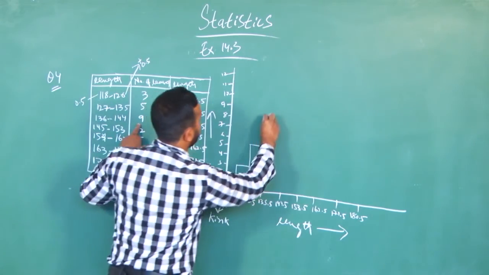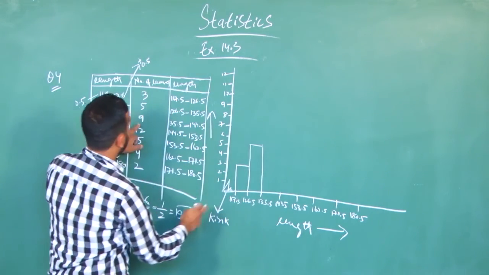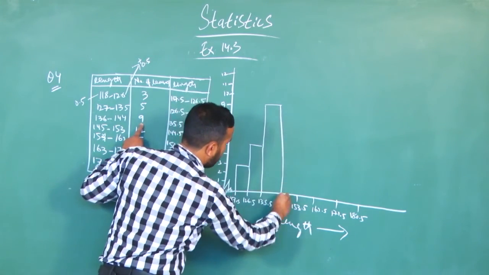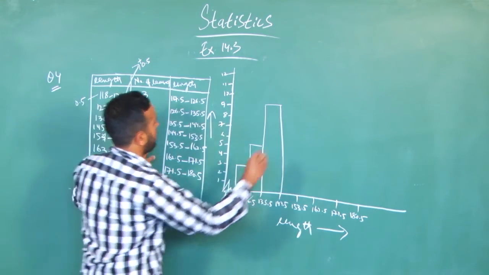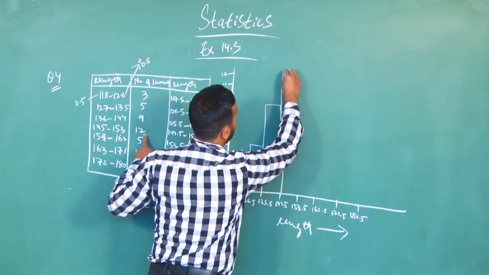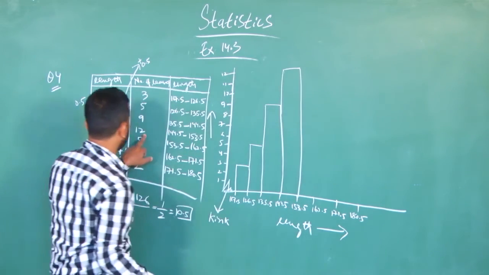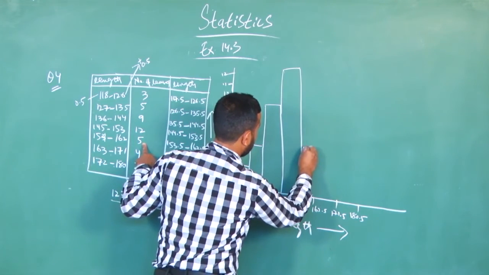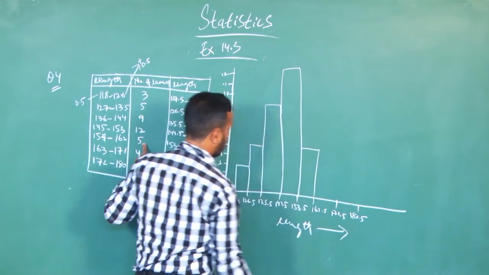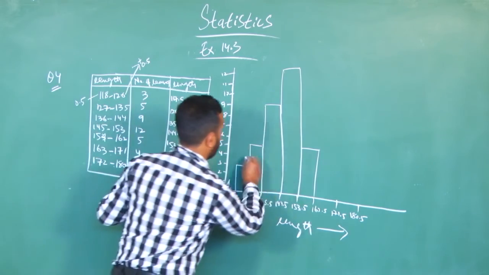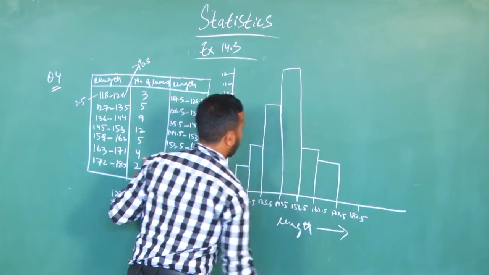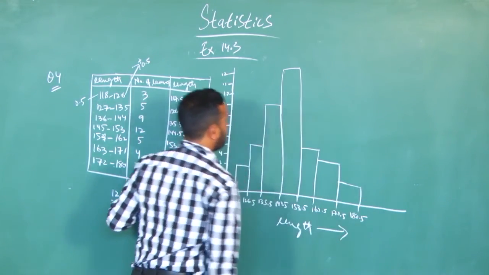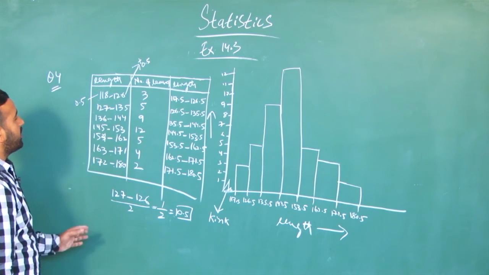Then we have 9 from 135.5 to 144.5, then 12, then 5, then 5, then 4, and the last one is 2. This is the histogram of uniform width.